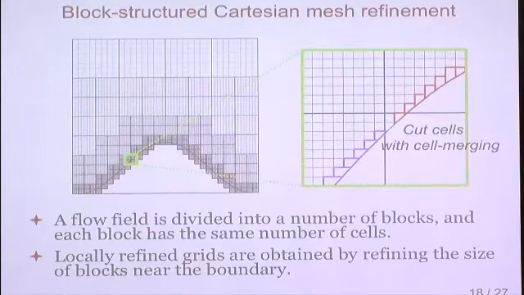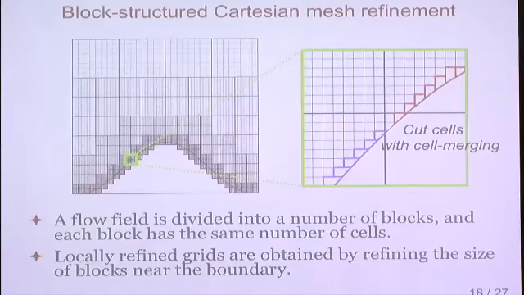In this study, Sayaka employs a block-structured Cartesian mesh approach in combination with cut cells near the topography. In this block-structured mesh refinement, a flow field is divided into a number of blocks like this, and each block has the same number of cells.